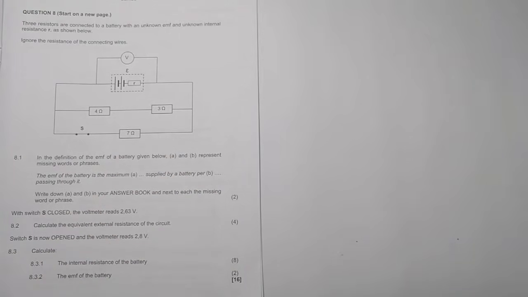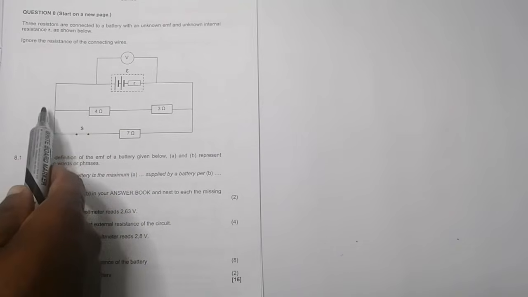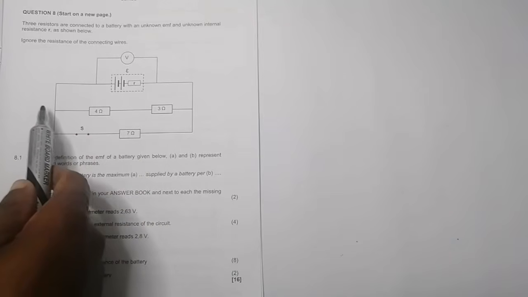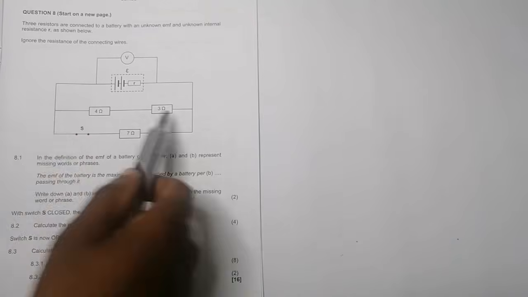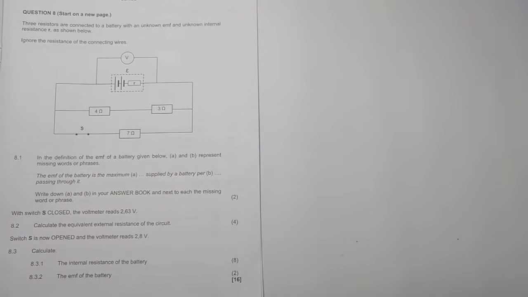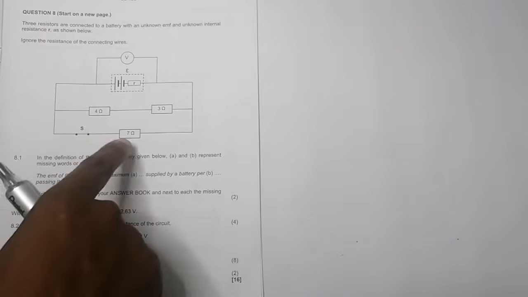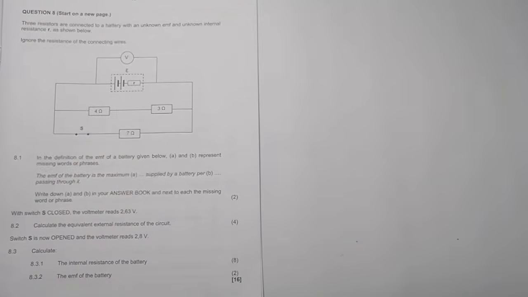We're going to have current flowing through the circuit, the total current. We get to this node, some of the current would go through the 4 and the 3, and obviously some of the current would go through that 7 ohm resistor. So the combination of these two is in parallel with the 7 ohm resistor.